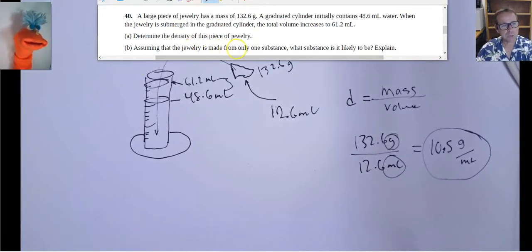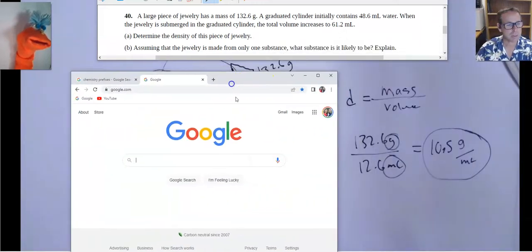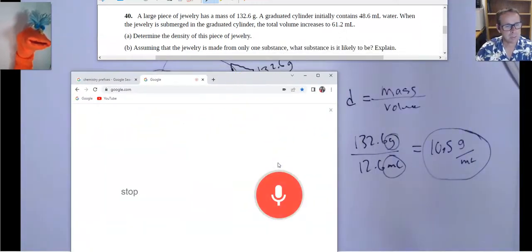So if we assume that the jewelry is made of only one substance, what is this substance likely to be? Well, we can try to look it up, right? We can try to look and find out a substance that has a density of 10.5 grams per milliliter.